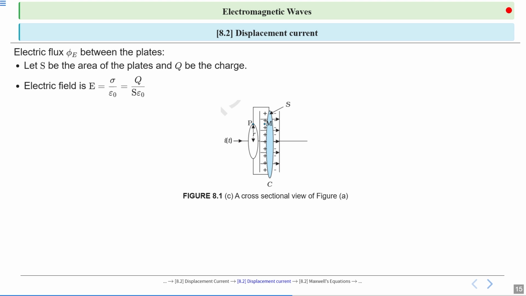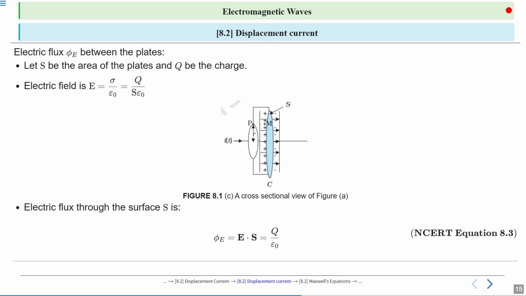So in figure 8.8, see a cross-sectional view of figure A. The electric flux through surface S is phi E equal to E dot S. This is the electric flux through that surface, because the electric field is passing through it.